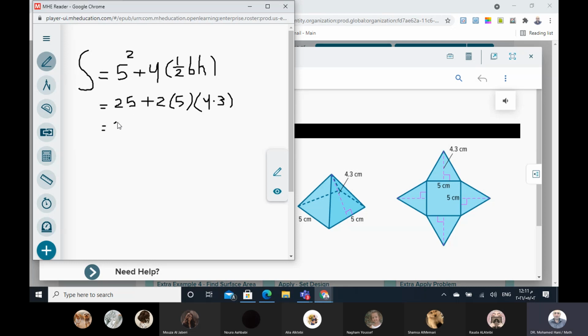So here we have 25 plus 2 times 5, 10. 10 times 4.3, 43. Now 25 plus 43 will be 68. Who can tell me what is the unit here?